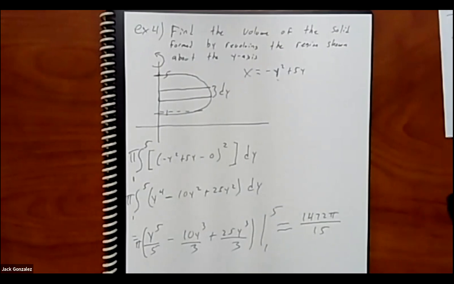And any questions on 7.2? The horizontal axis of revolution is the washer. The what? The horizontal axis of revolution is the washer. And the vertical or the formula sometimes. Those two formulas are for disk.